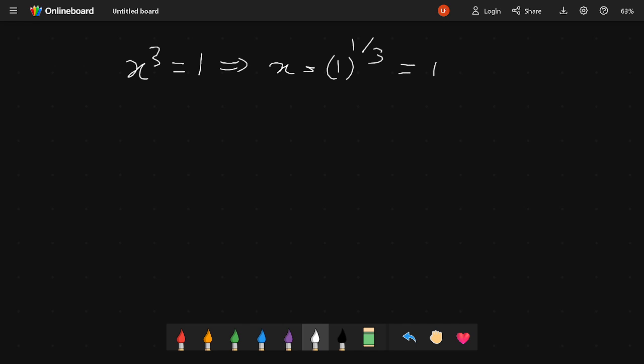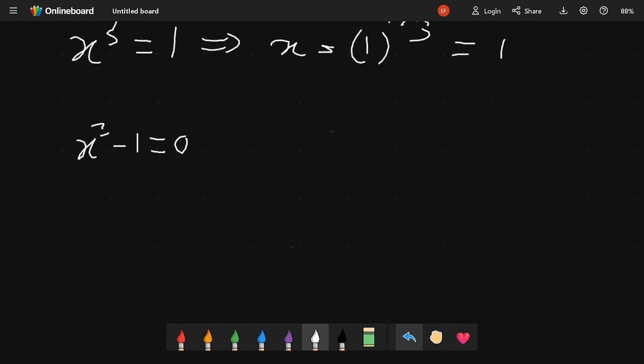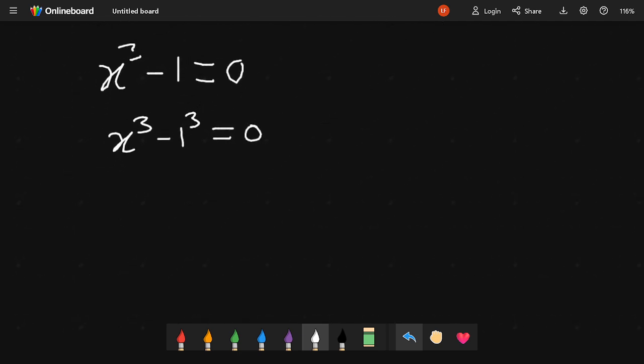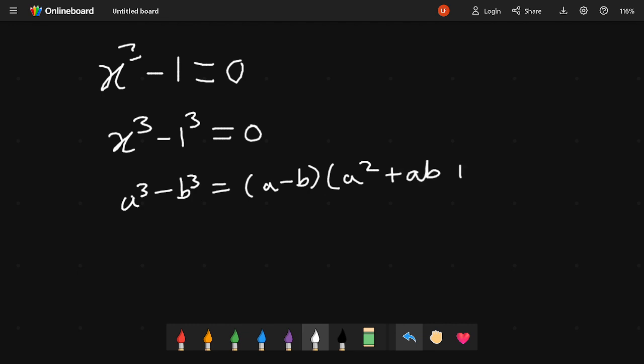So, if we subtract 1 from both sides, you get x cubed minus 1 equals 0. And 1 is the same as 1 cubed. So, we're going to write it here. x cubed minus 1 cubed equals 0. And we know an identity, a cubed minus b cubed equals a minus b times a squared plus ab plus b squared.